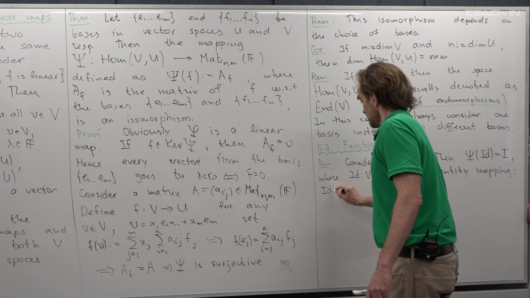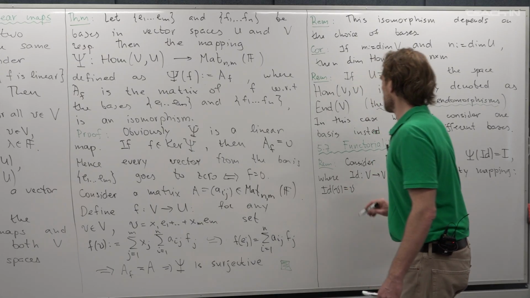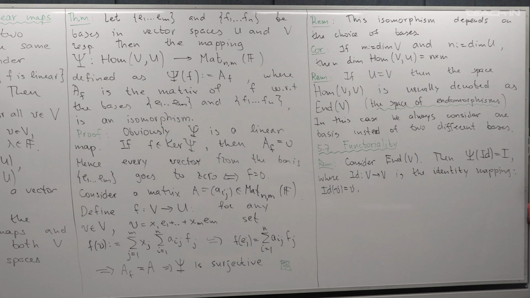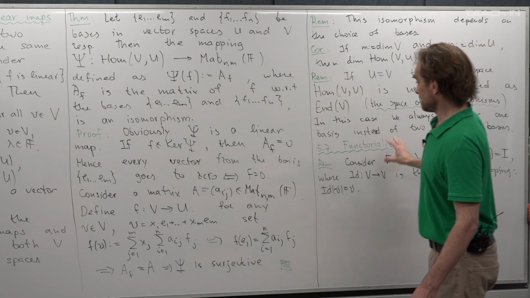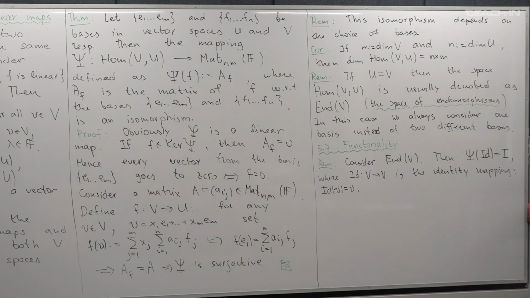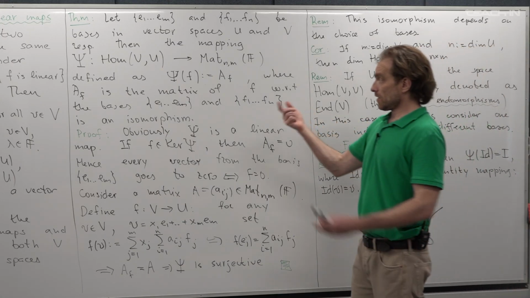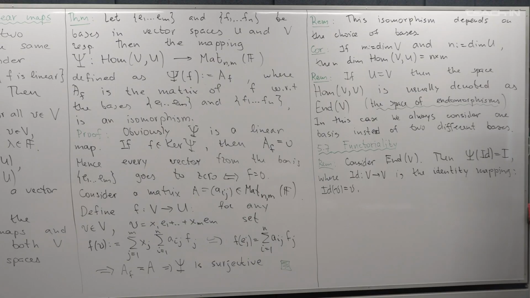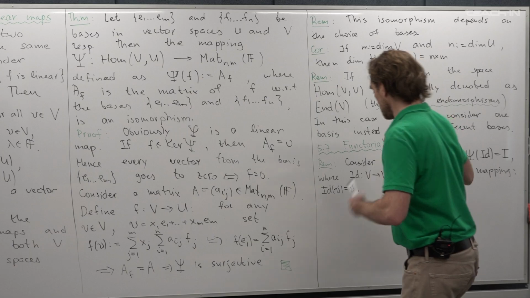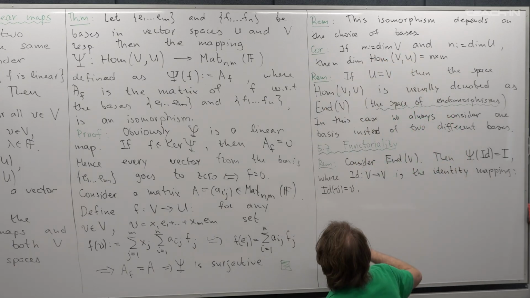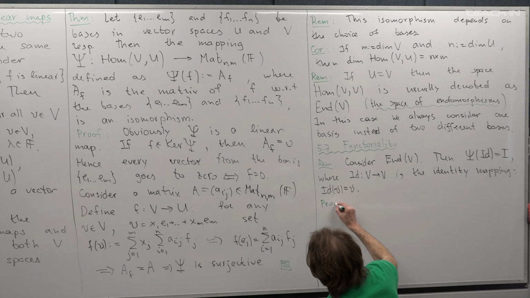So it maps every vector to itself. This is more or less obvious, but here we need to take into account that we fix two equal bases in this vector space, and we consider the matrix with respect to the pair of bases which are the same. So this is quite trivial, and then another proposition.